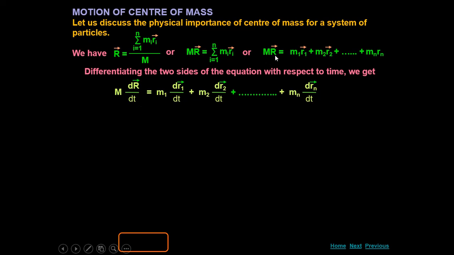If the position of the center of mass R is changing with respect to time, we should write it mathematically as dR vector upon dt.